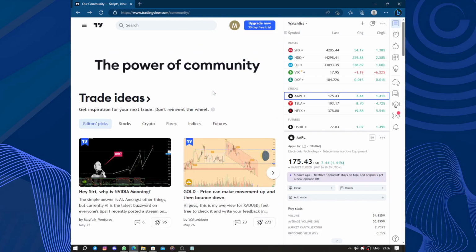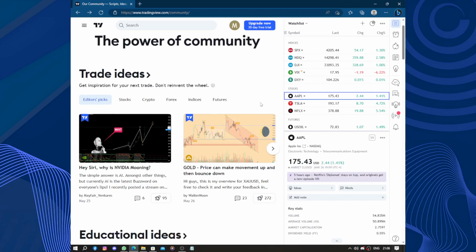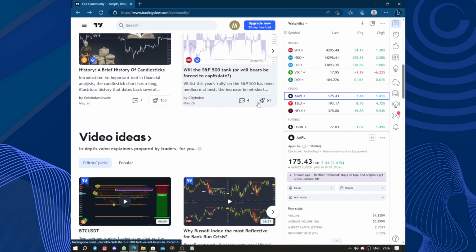So TradingView provides a vast selection of technical indicators and drawing tools, giving traders the flexibility to conduct detailed technical analysis. Whether you are a beginner or an experienced trader, the platform caters to your needs with its extensive library of indicators and studies. Another notable aspect of TradingView is its thriving community.